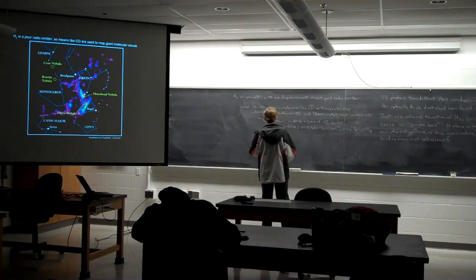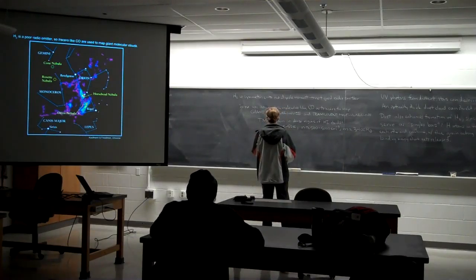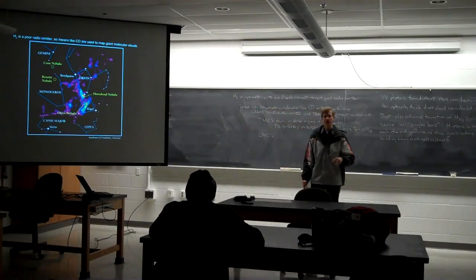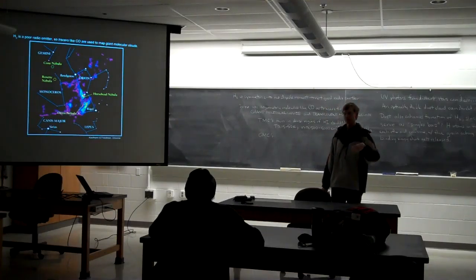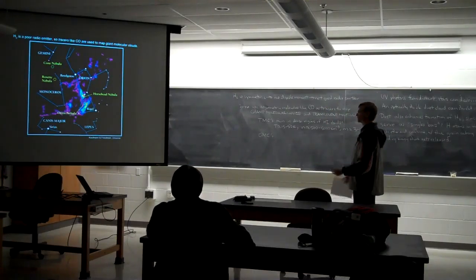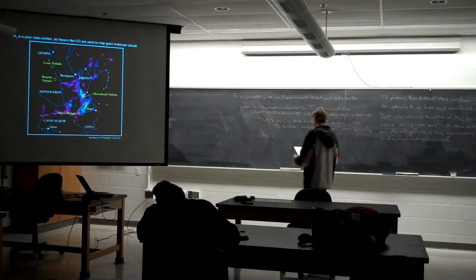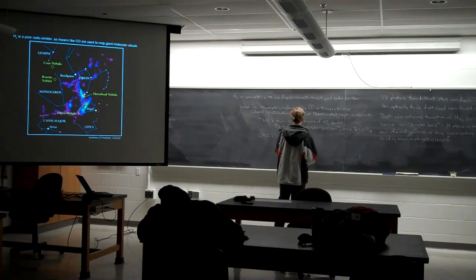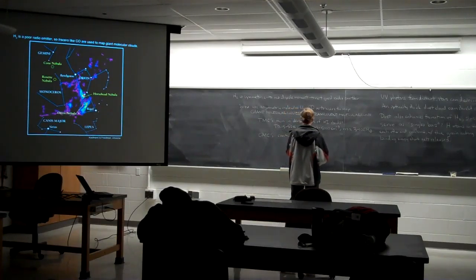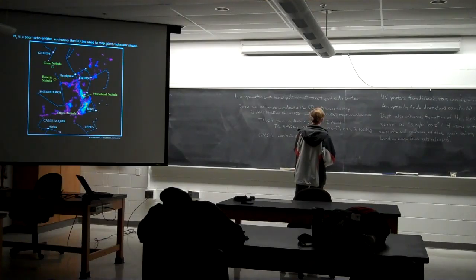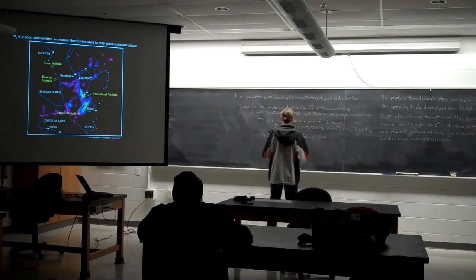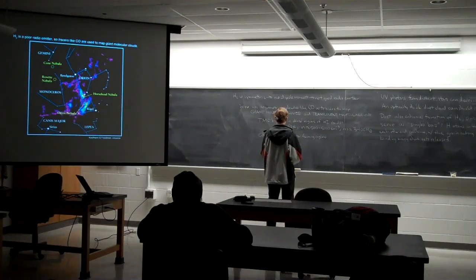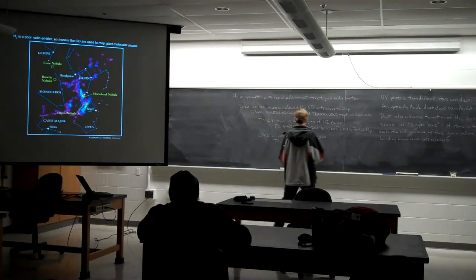Whereas the really interesting ones, the GMCs, remember in the video, the Orion Nebula is a bubble in a GMC. GMCs are where star formation takes place. Giant molecular clouds contain star-forming regions. Temperature around 20 Kelvin.